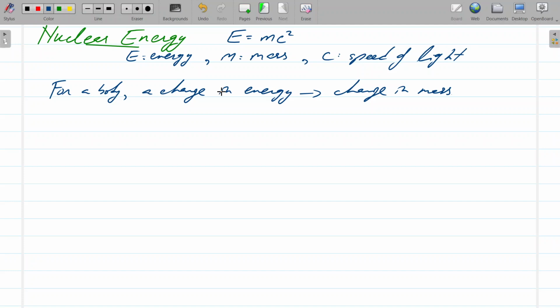So if the energy of a body changes by an amount E, the mass will change by an amount m, and c is the speed of light, 3.0 into 10 to the power 8 meter per second.